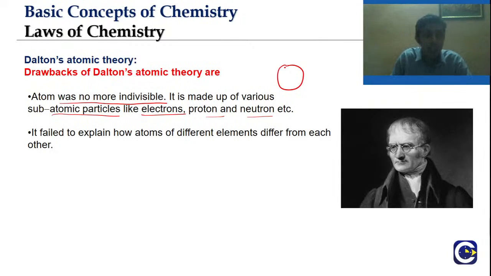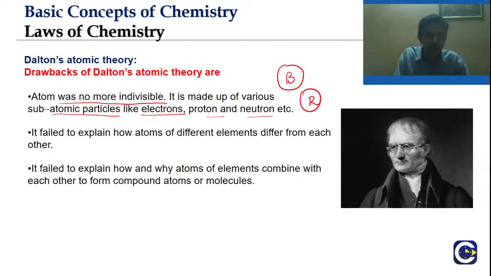It failed to explain how atoms of different elements differ from each other. He didn't give much explanation of how different atoms differ. Is it that the hydrogen atom is blue in color, red is oxygen, something like that, or something else? He couldn't explain that. It also failed to explain how and why atoms of elements combine with each other to form compounds or molecules.